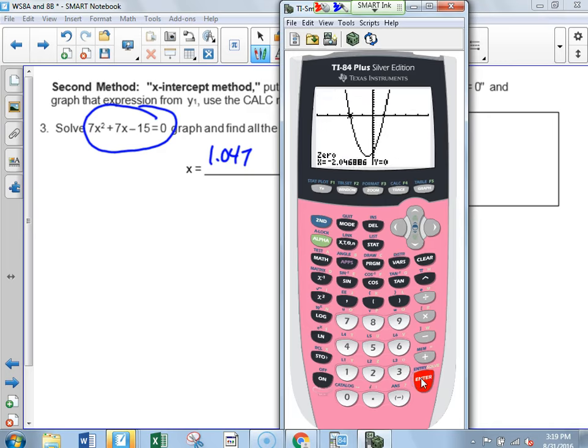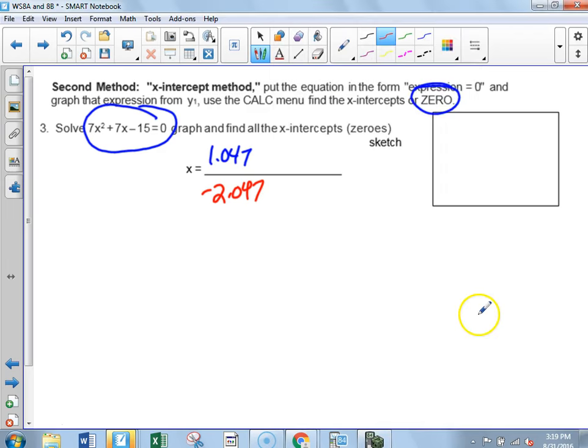At negative 2.047. So we wound up using a window, I did anyway, of negative 5 to 5 and negative 20 to 10 maybe? Was it opening down, wasn't it? I already forgot. Looked like that.